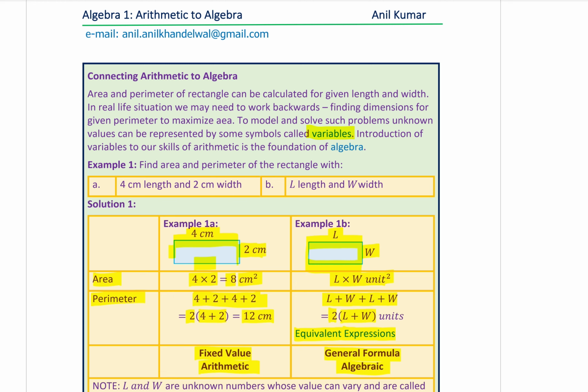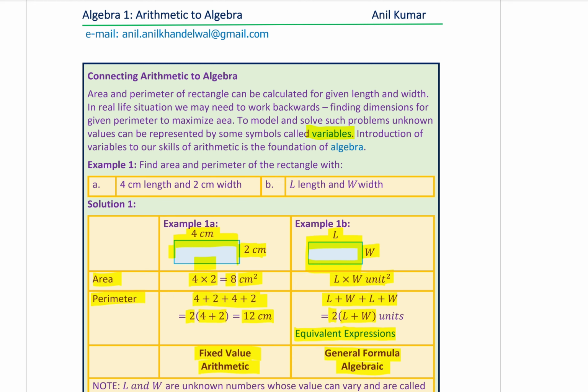Since their value is not known, we cannot really evaluate the answer as we could do earlier, which was the arithmetic part we had been doing so far. Now, in algebra, we derive formulae, and based on the given values, we can now calculate the answer. So that is going to be the algebraic approach.